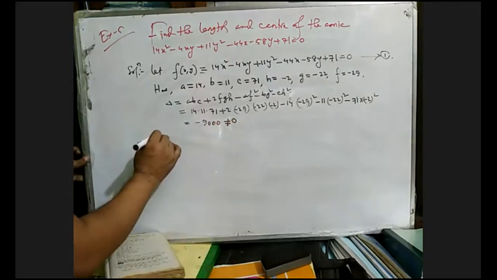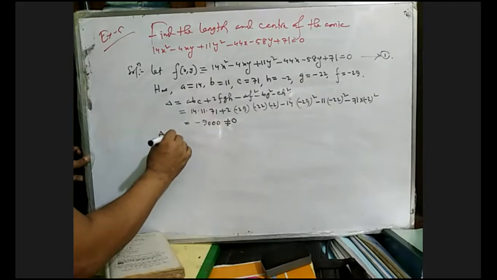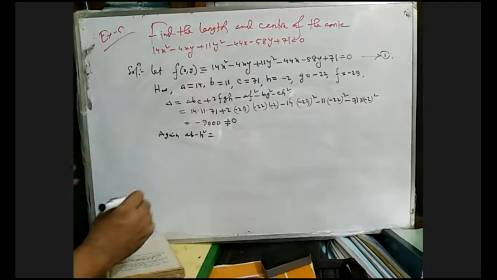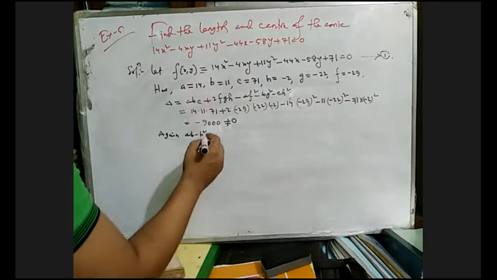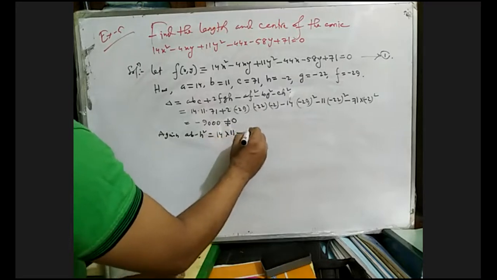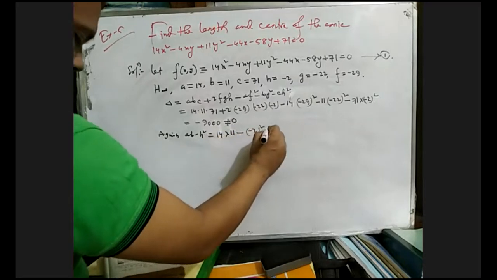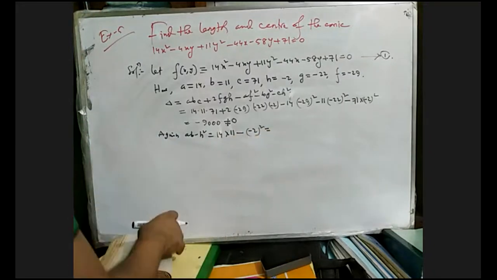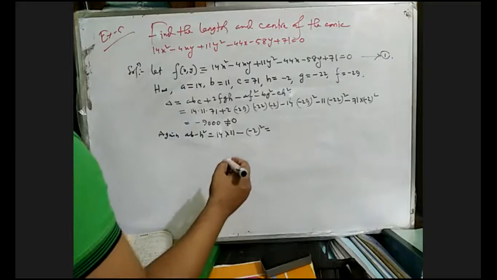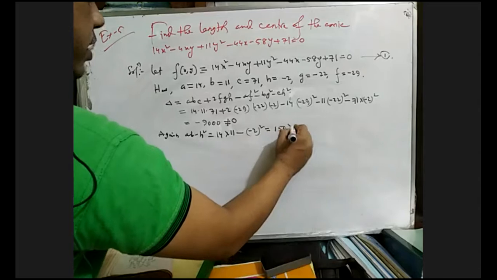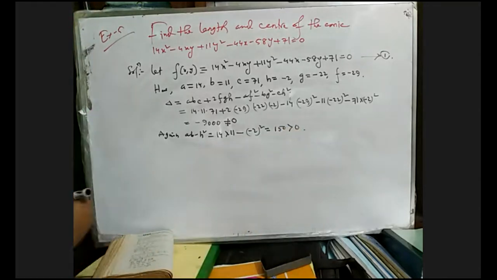And again, ab minus h square is the discriminant, equals to what? ab minus h square, 14 multiply 11 minus 2 whole square. This equals to what will be? 150, which is greater than 0. That means which is positive.